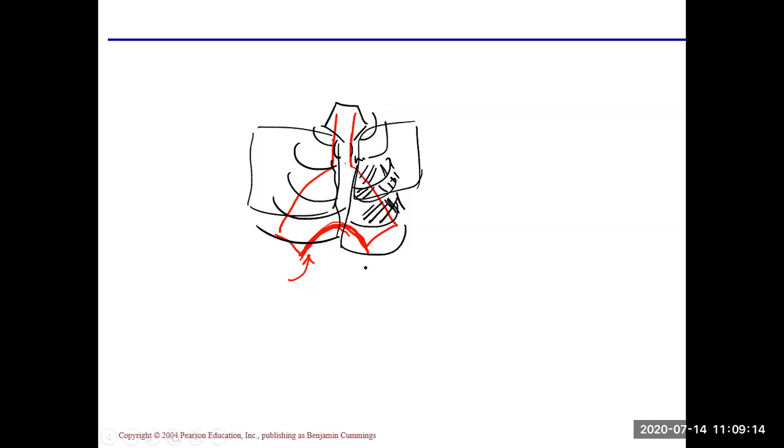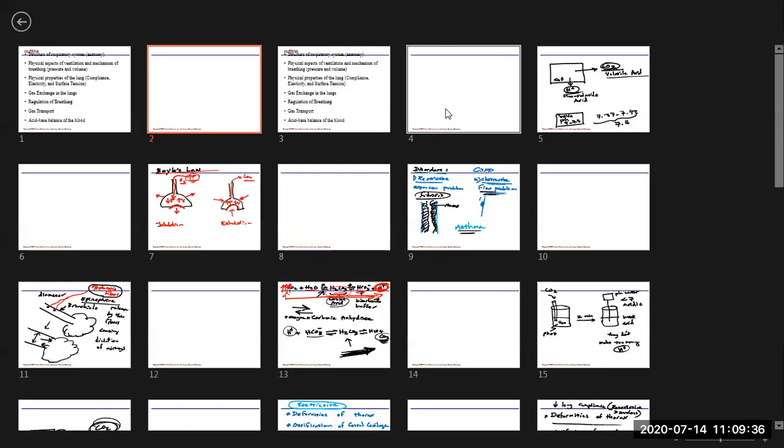All of those respiratory muscles are important, because if you have a spasm, or the diaphragm is not working properly, that is going to interfere with the normal rate of the lungs. Okay, so that's one of the structures that are involved.